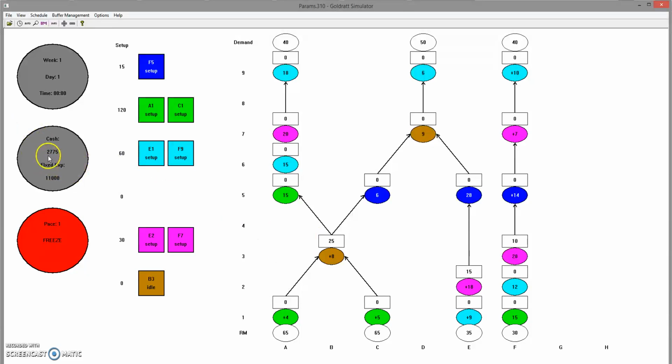We are just left with $2,775. But we have made all the raw material purchases. So as soon as our simulation begins, none of these production lines are going to suffer because of lack of raw materials.